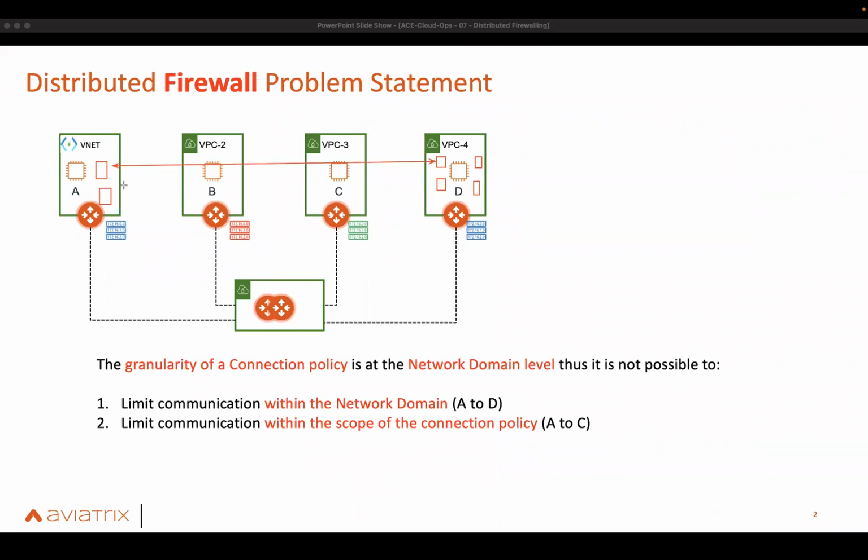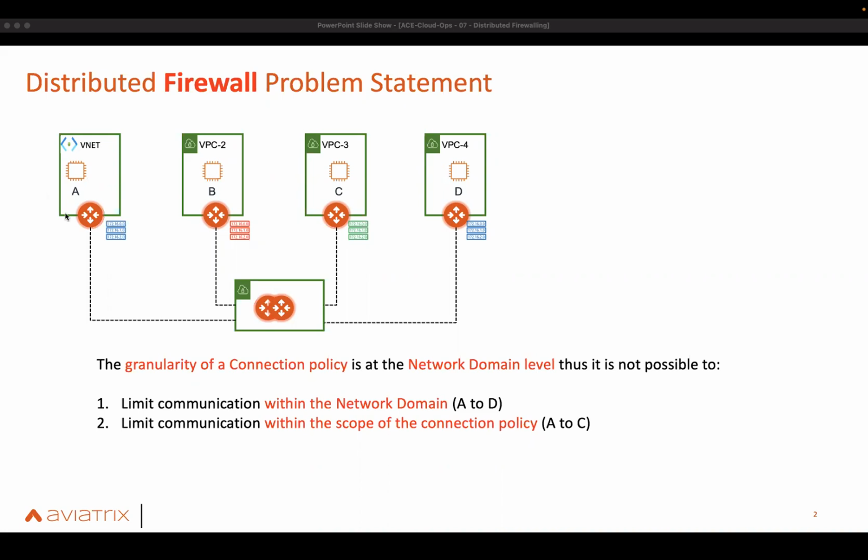I can only say with network domains that these routes will be in here and the routes for these prefixes will be in the opposite. So there is bidirectional routing reachability, but I'm not able to get into the granularity of which instance or which service in the VNet can communicate with which service in the other VPC or VNet.